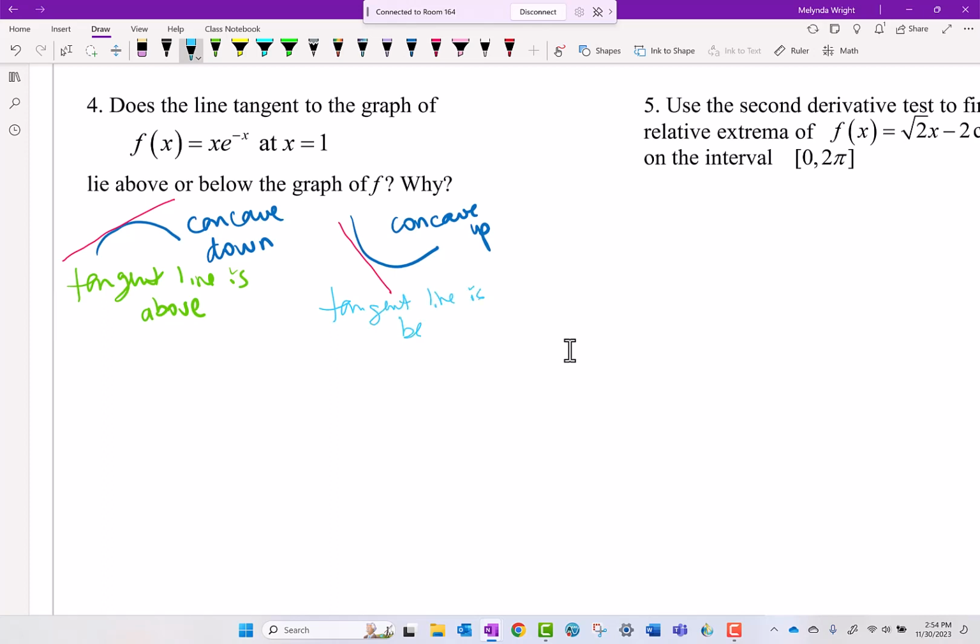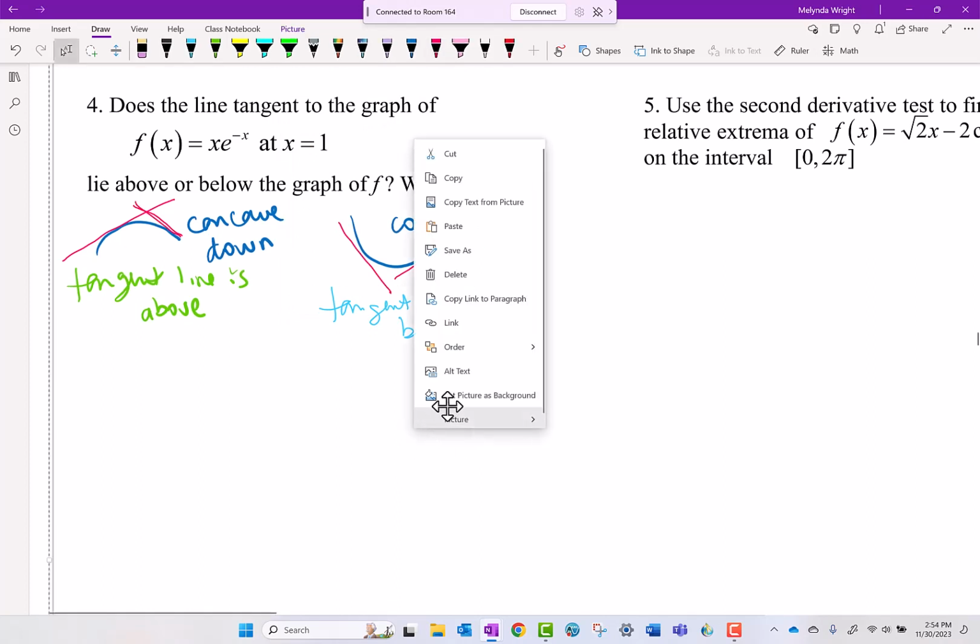Does it have to be on that side? Nope, it could be on any side. I could have drawn it over here, and the tangent line would still be below. So it doesn't matter where it is on the curve, it just matters about the concavity.